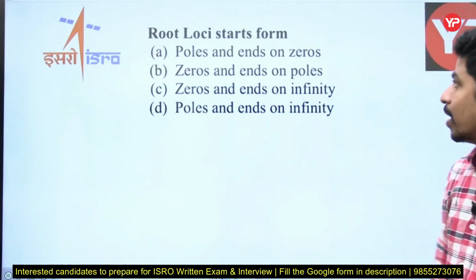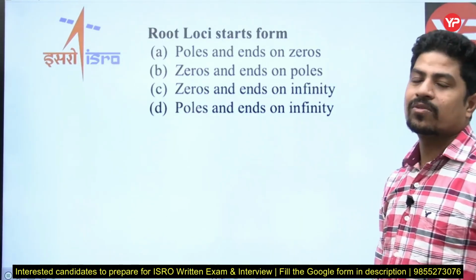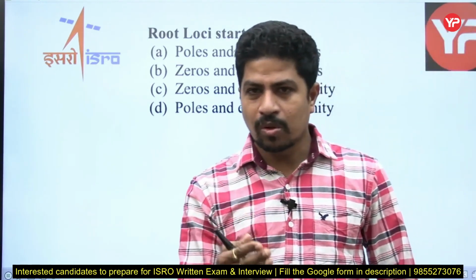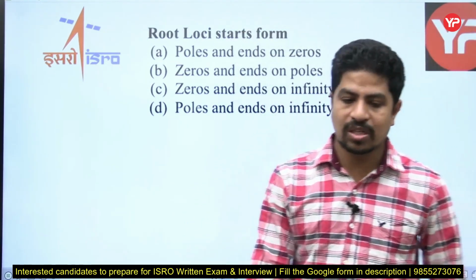D for Delhi, right? Next, root locus starts from open loop poles and ends at open loop zeros. Let me write.